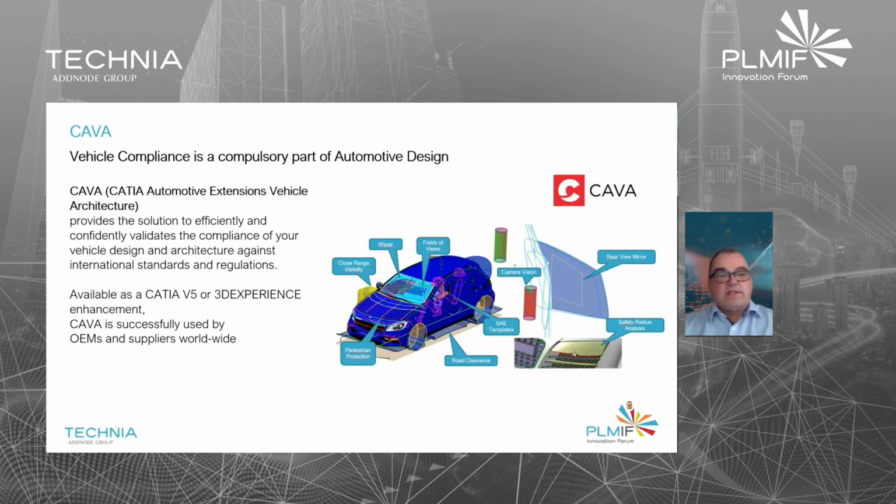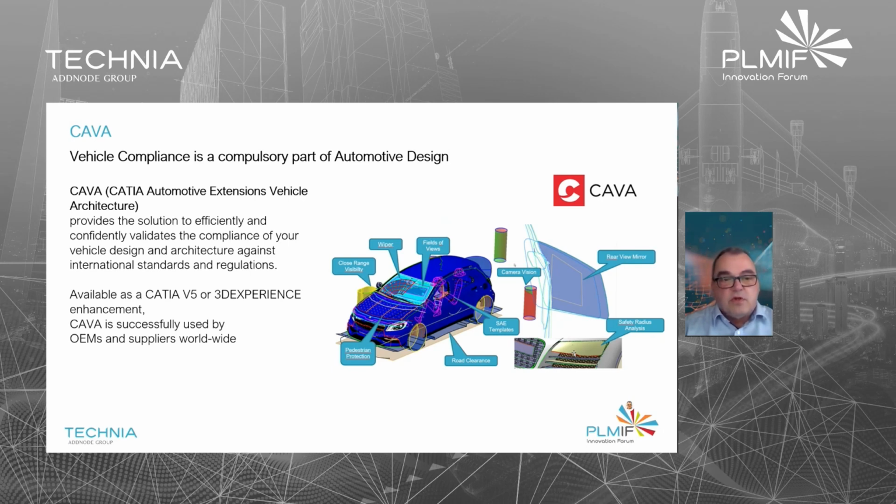So, what is CAVA? CAVA is a product for vehicle compliance. And vehicle compliance is a compulsory part of the automotive design. Without compliance to legals, you won't be able to homologize your car, and it would not be allowed to drive on the road. So CAVA, the name is an abbreviation for automotive extensions for vehicle architecture.